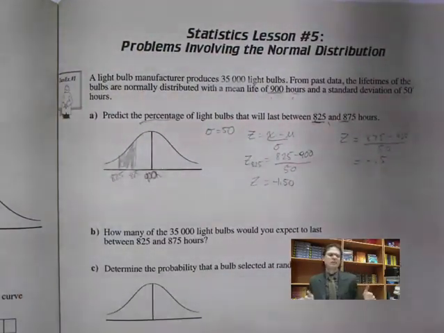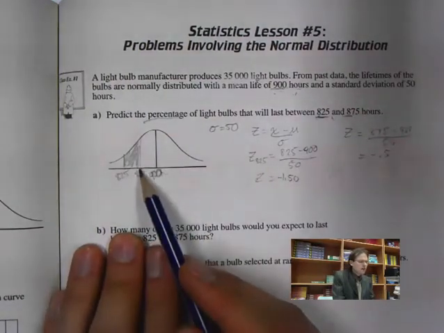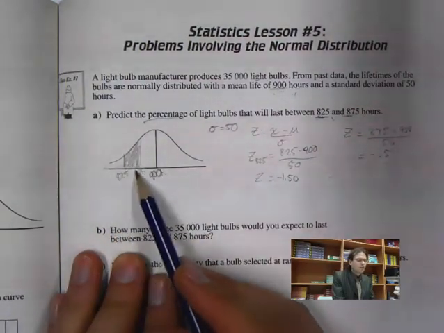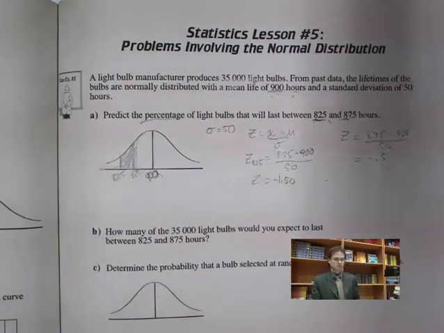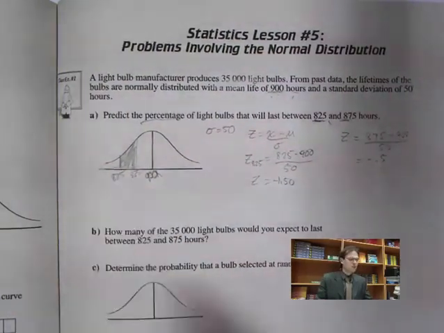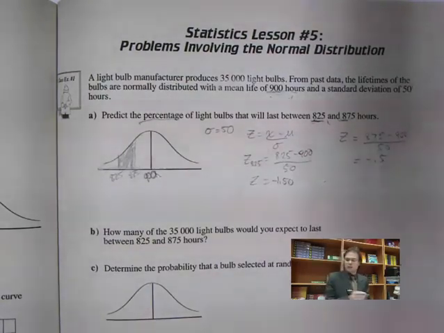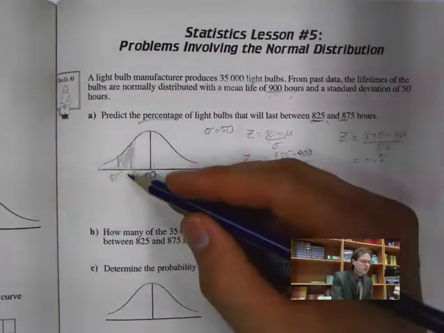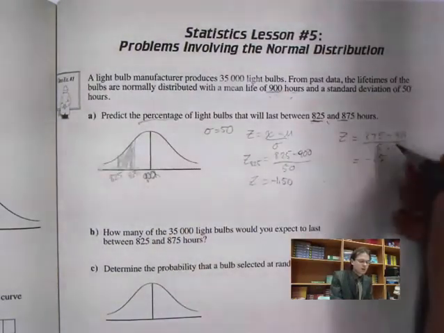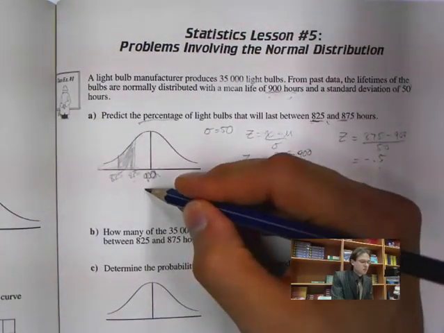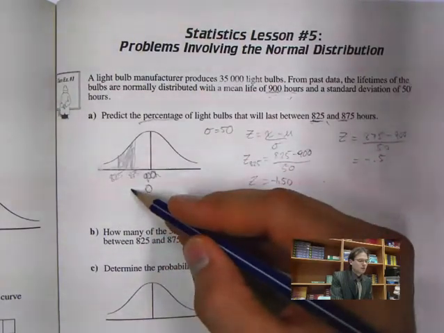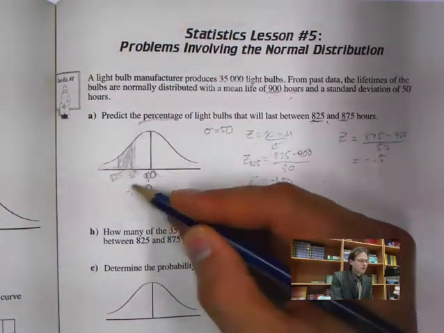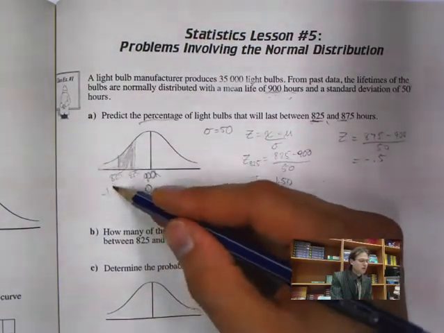When we look up our z-score in the tables, it's going to tell us everything left of 875 and everything right of 825. But we want everything in between them, so we want everything between these two z-scores. This is 0 for my z-score, and here is negative 0.5 and negative 1.5.